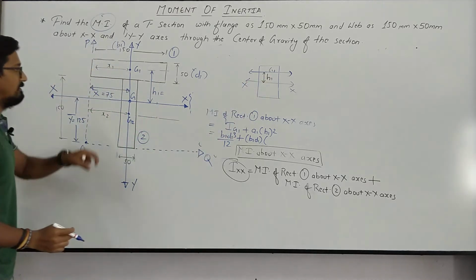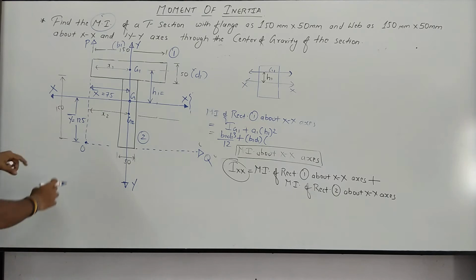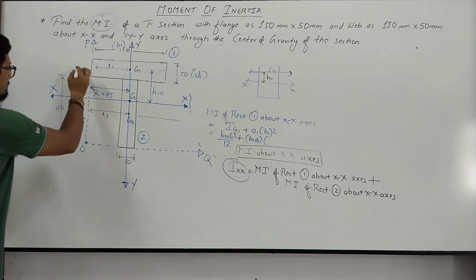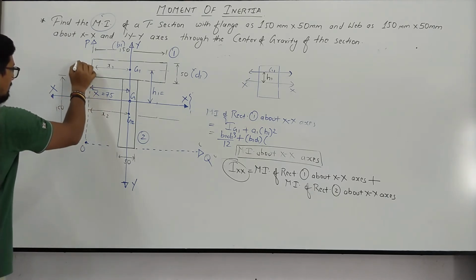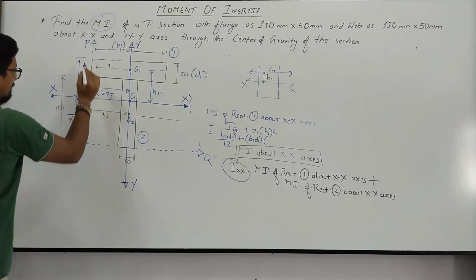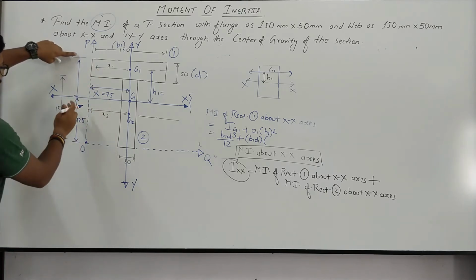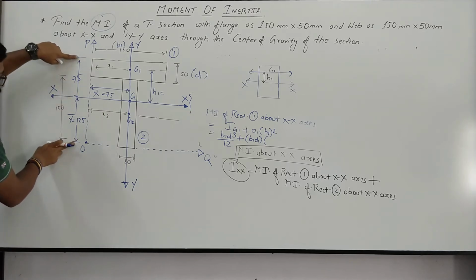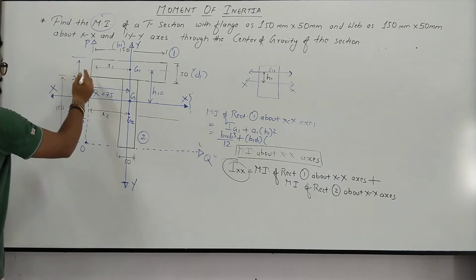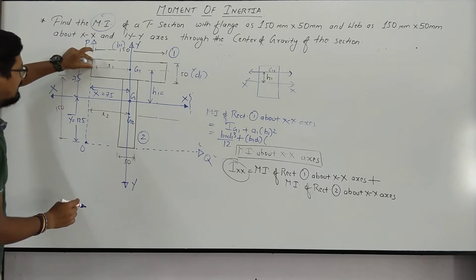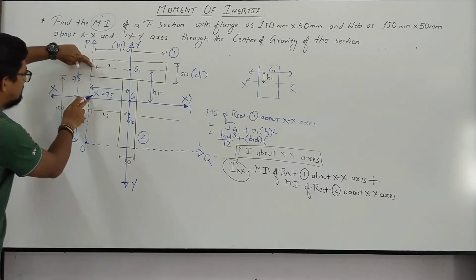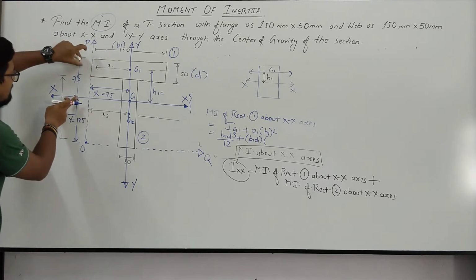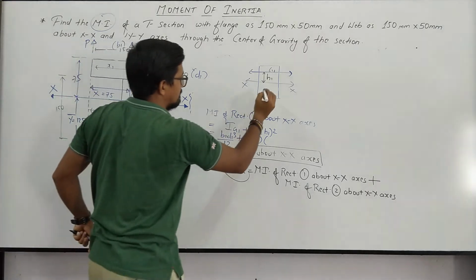So what will be the value of h1? It is 125. Total is 200, so this will be 75. So this is 75, 125, total is 200. So out of 75, if we remove 25, we will get this, correct? 75 minus 25, it will be 50.